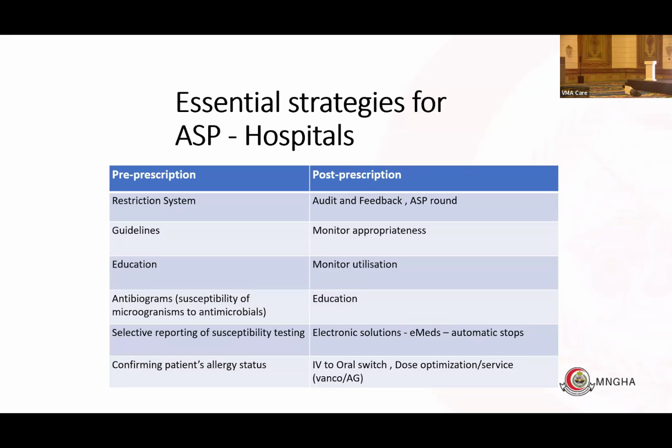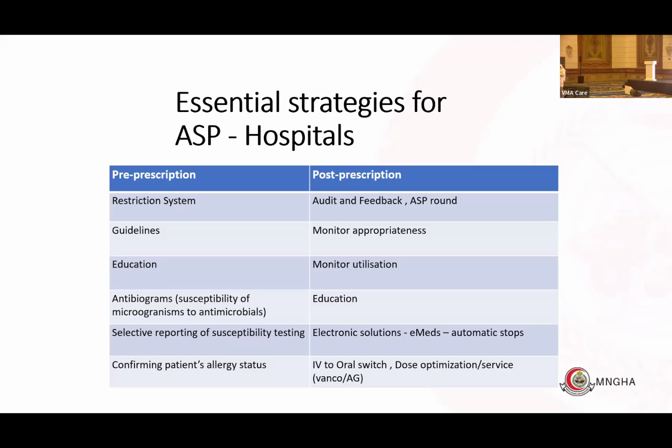In our hospital, for febrile neutropenia you need to start the patient on Tazocin, piperacillin-tazobactam, and amikacin. When I come to a patient with febrile neutropenia and find him on meropenem, you are not following the guideline, right? So guideline is a pre-prescription strategy. Education is very important. Antibiogram.